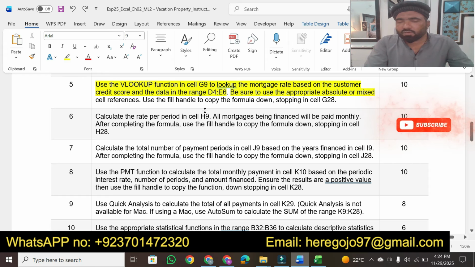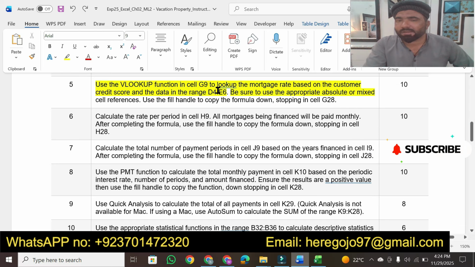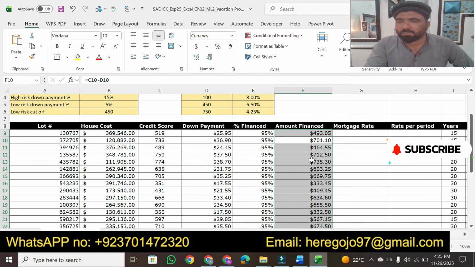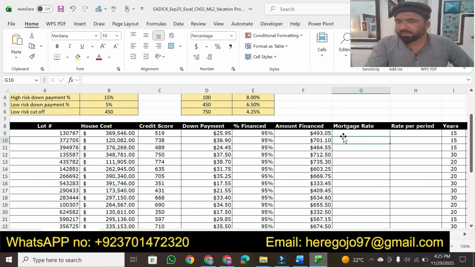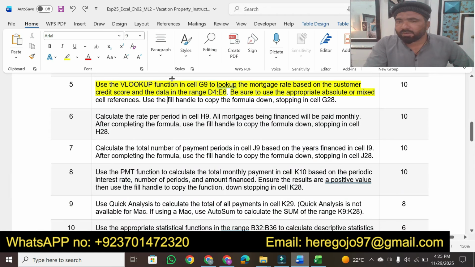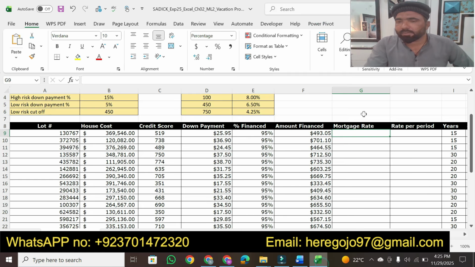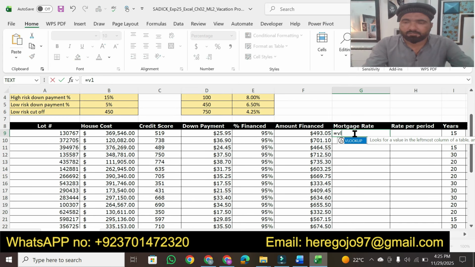So after reading the instructions, we get the idea that we have to use the VLOOKUP function in cell G9. First we move to cell G9 here. We have to find the mortgage rate. So we use a VLOOKUP formula there. Equal, then VLOOKUP.